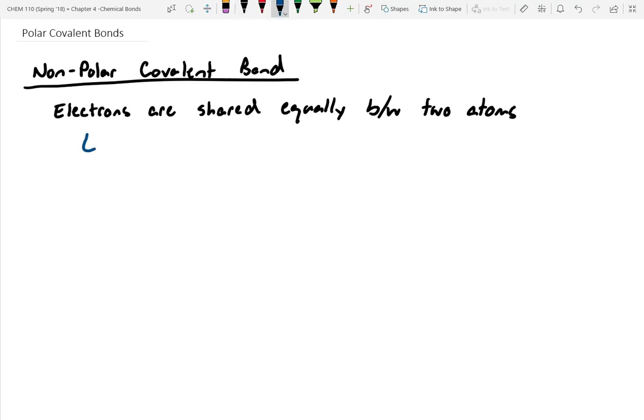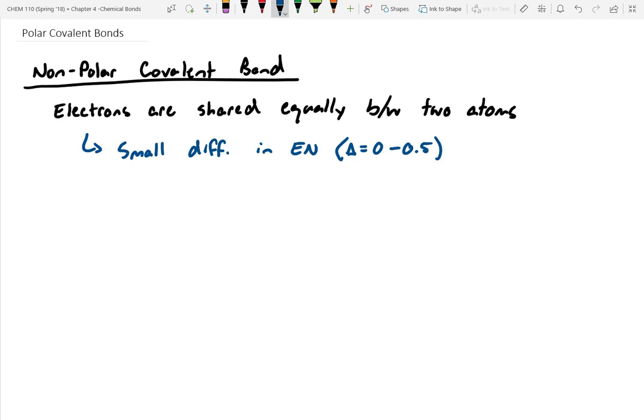Typically, this only occurs if you have a very small difference in electronegativity. And typically, this difference in electronegativity, using that table I showed you yesterday, is going to be between about 0 to 0.5. I don't expect you to know those numbers off the top of your head. I would give you a table.